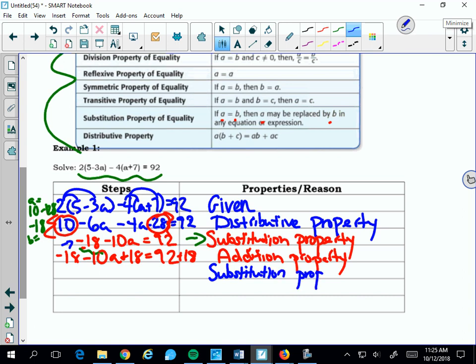This is probably the only one that I think is a little strange and confusing. Because if I do negative 18 plus 18, I get 0. So I'm going to substitute that 0 in on this line. And same thing here. I know that 92 plus 18 is equal to 110. So I'm going to substitute it in.